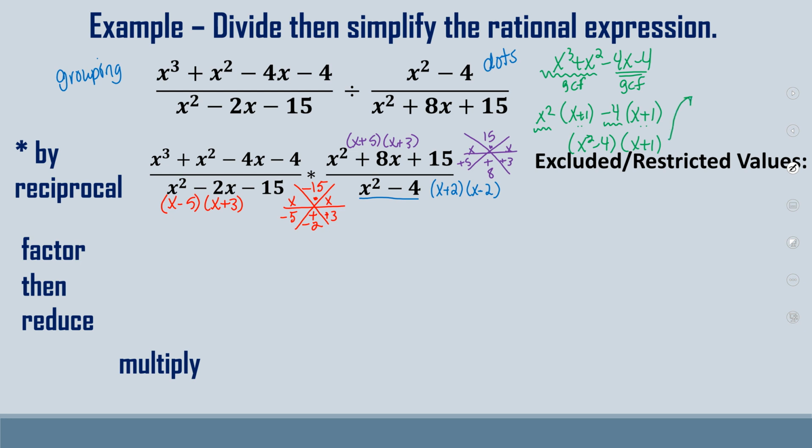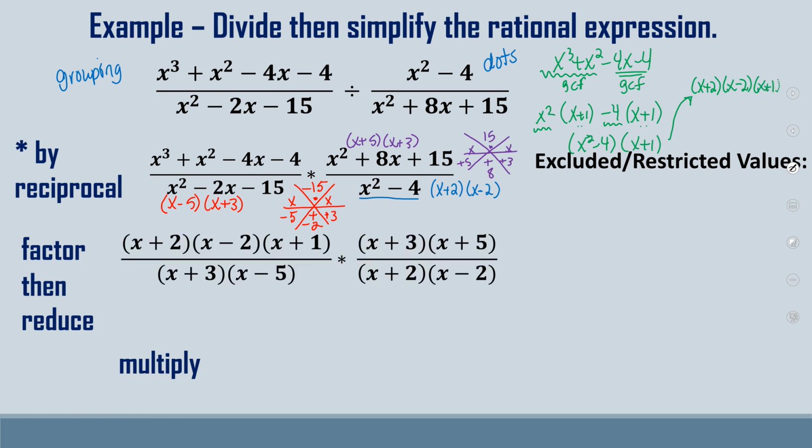So we can take this one step farther. We can write x plus 2 and x minus 2 with the x plus 1. That is as simplified as you can get for that expression. Okay, and there it is, all written out.